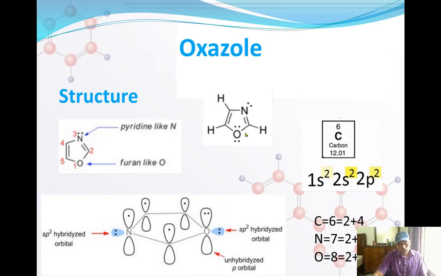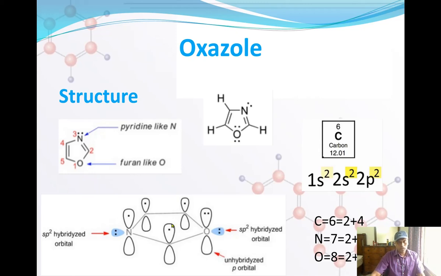So next one is oxygen. Oxygen is going to have 1 more electron than nitrogen. See, 1 extra electron, so there will be two electrons in the unhybridized p orbital, and two more electrons will be in one of the sp2 hybridized orbitals.